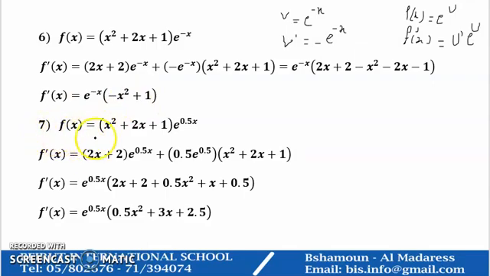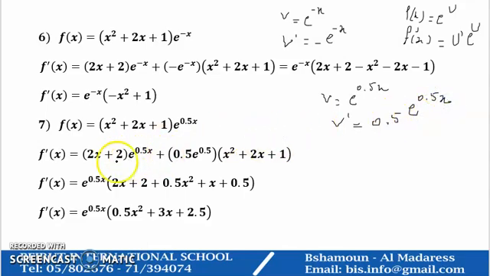7. f of x equal (x squared plus 2x plus 1) e exponent 0.5x. Also this has the form of u times v, but here v equal e exponent 0.5x. Then the derivative of v, this has the form of f of x equal e exponent u, the derivative of 0.5x is 0.5 e exponent 0.5x.